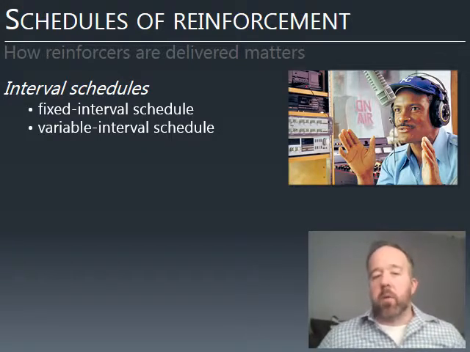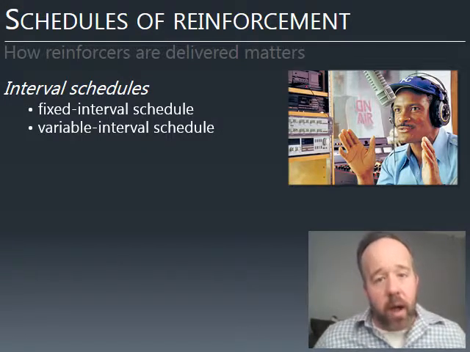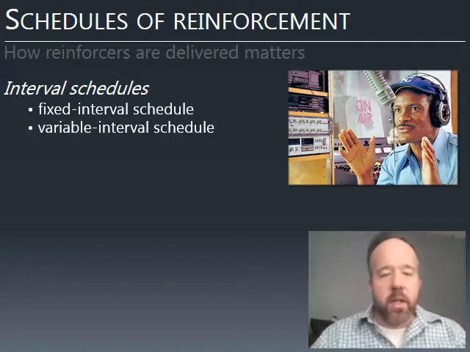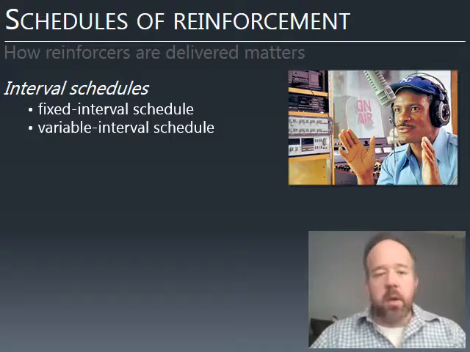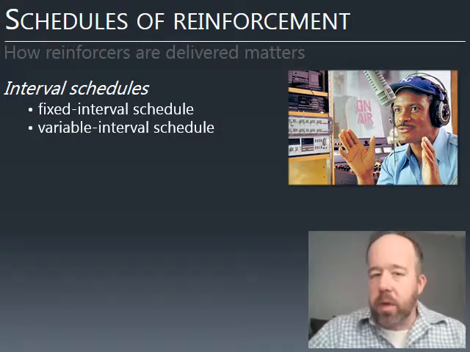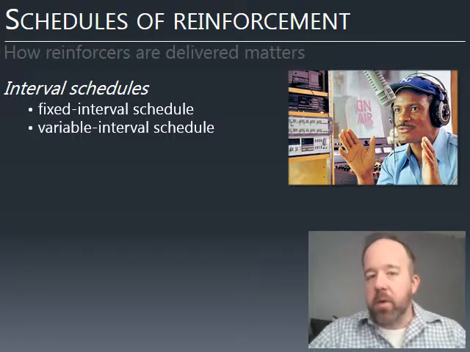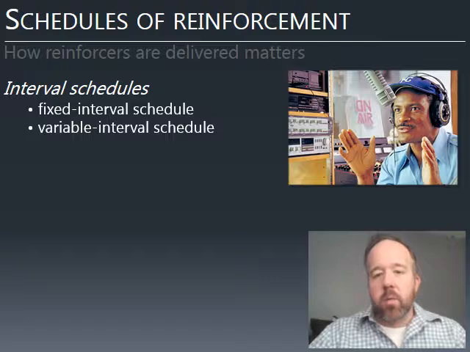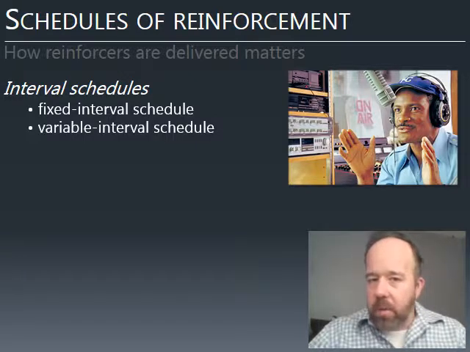And so things like radio contests use this concept a lot. The variable interval schedule, they'll say that they're giving away tickets if you call in sometime between 3 and 5, or you have to wait for a certain song to play that's going to be played between noon and 6 p.m. So it doesn't matter how often you call, that's not going to affect anything.